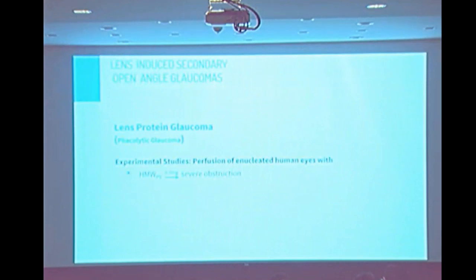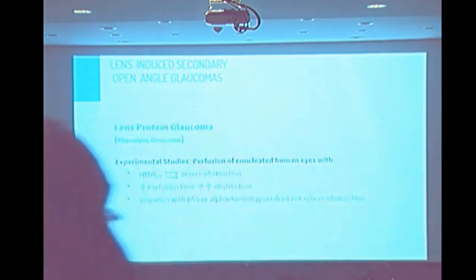Experimental studies showed that when we perfuse human eyes with isolated heavy molecular weight protein, 0.5 milligram leads to very severe obstruction, and if we increase the perfusion, the obstruction increases. And there were no swollen macrophages in this experiment.